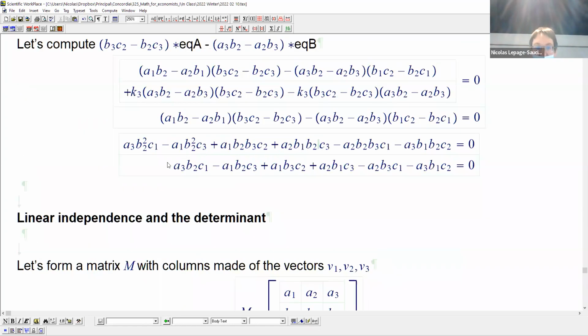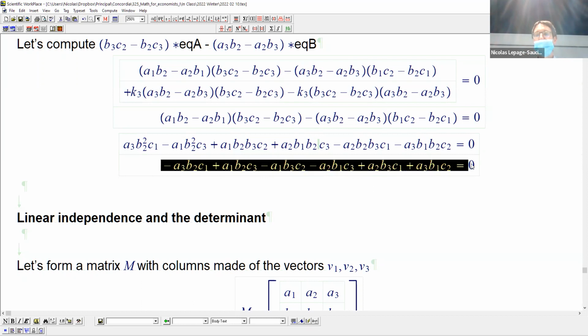What I would like is to write it this way, because this is important later.